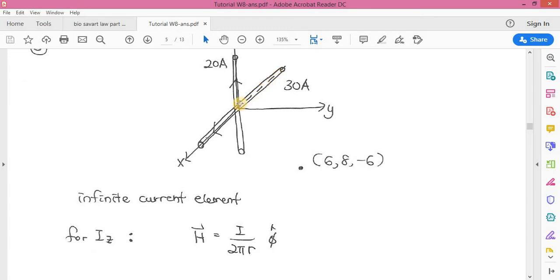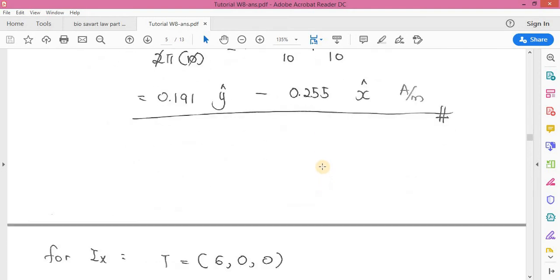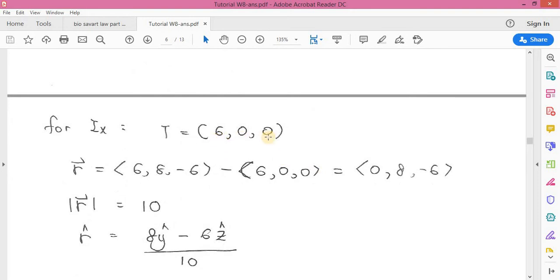All the points here have Z value 0, and Y value also 0. For the X value, you need to take the same X value as the observation point, which is 6. So your point T will be 6, 0, 0.